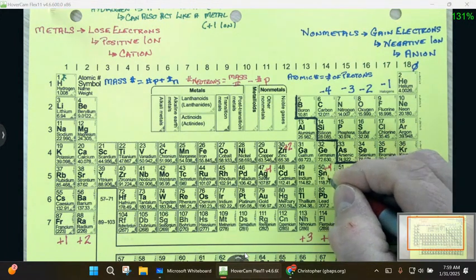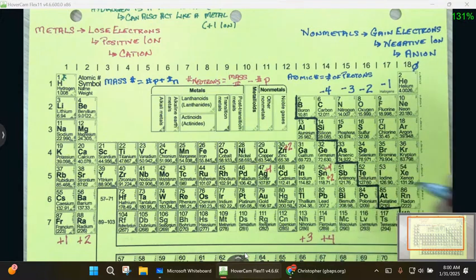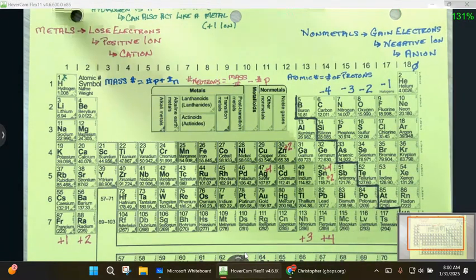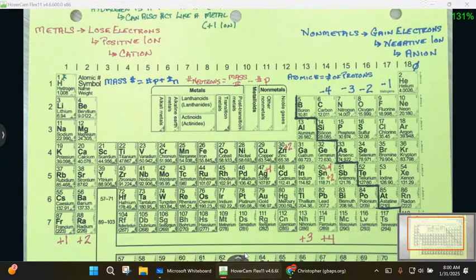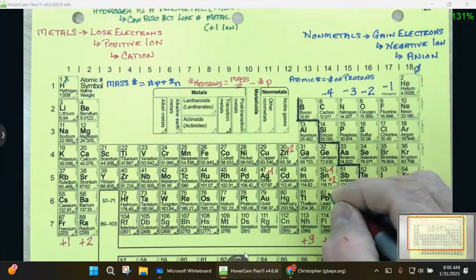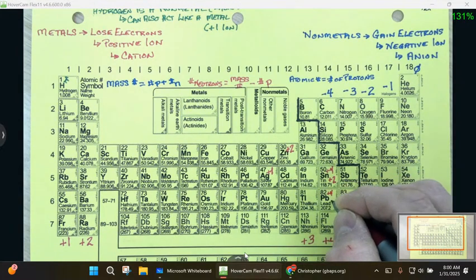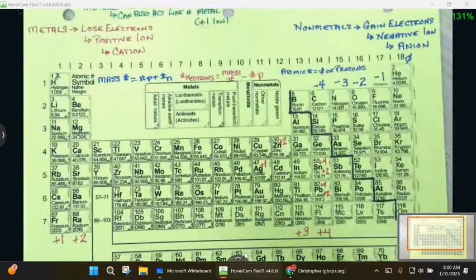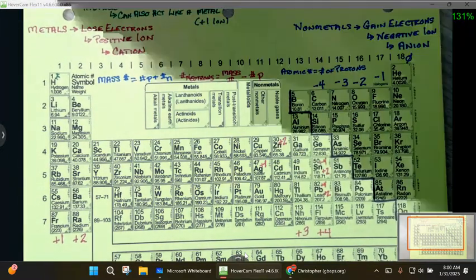But it could also be a +2. That is a weird thing about tin. It can be a +4 or it can be a +2. So can lead right below it. So those are the special exceptions that you need to write in those areas, ladies and gentlemen.